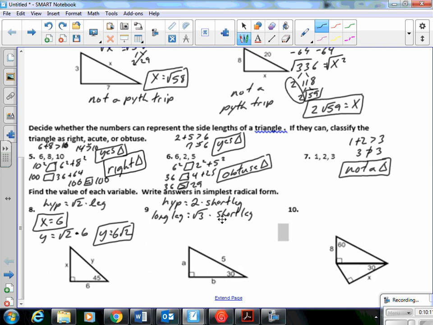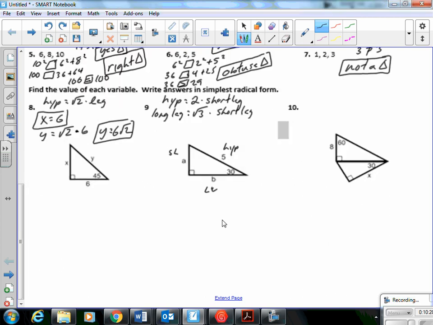So, starting off, 5 is a hypotenuse, A is the short leg, and B is the long leg. So, the hypotenuse should be equal to 2 times the short leg. So 5 should be equal to 2 times the short leg, which is A. So to solve for A, we divide by the 2.